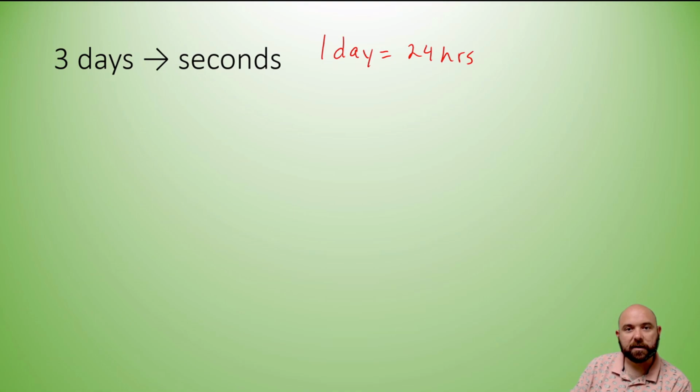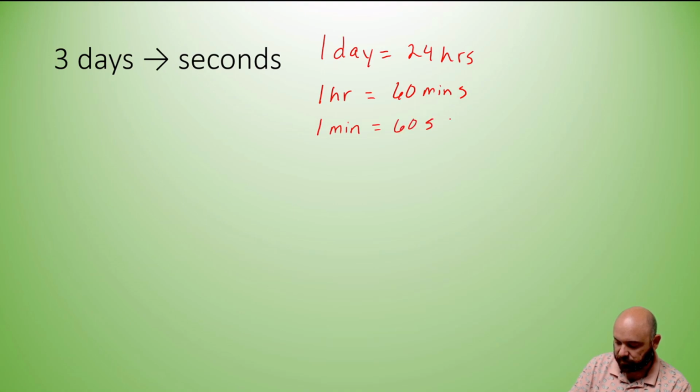I feel pretty confident about that fact. And I know that 1 hour is equal to 60 minutes. Pretty comfortable as well. And then I know that 1 minute is equal to 60 seconds.